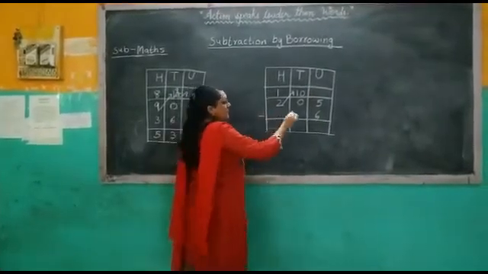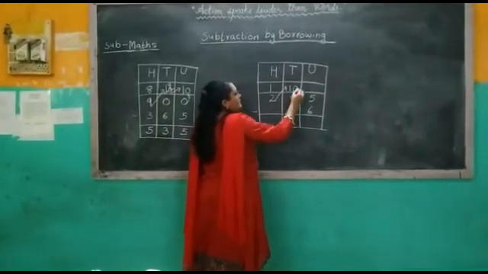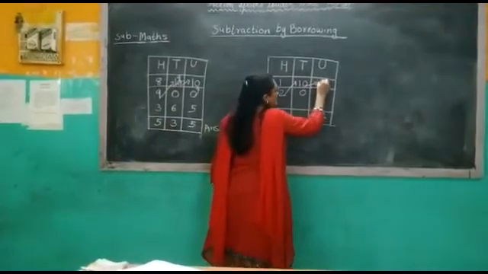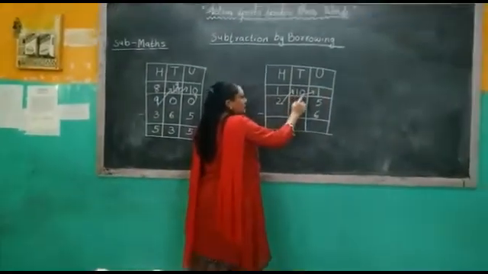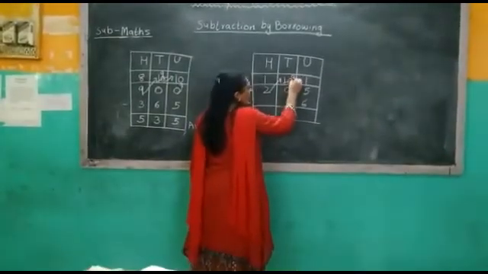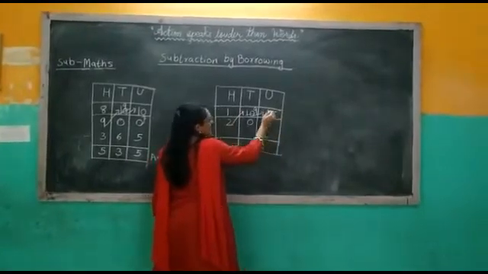But we cannot subtract 6 from 5 in the unit place. Again we are going to borrow 1 from this tens place. So we have taken 1 from this 10. So again we will write 9 here, and this 5 we will write upward.